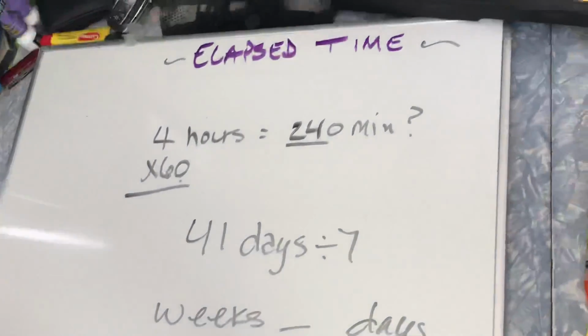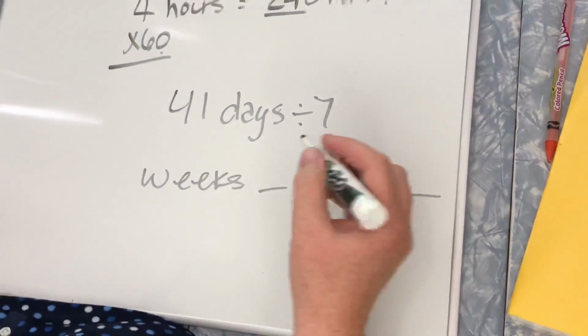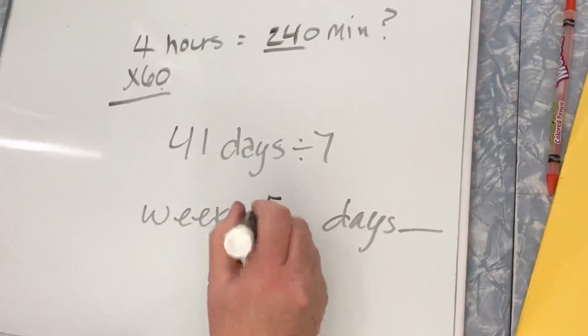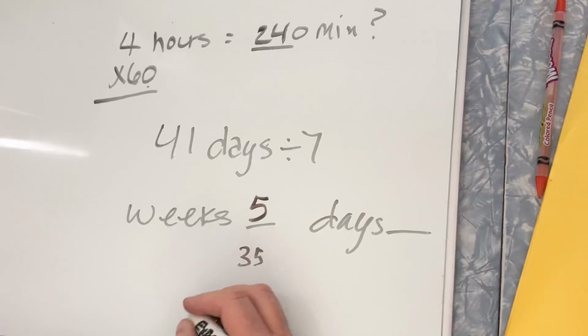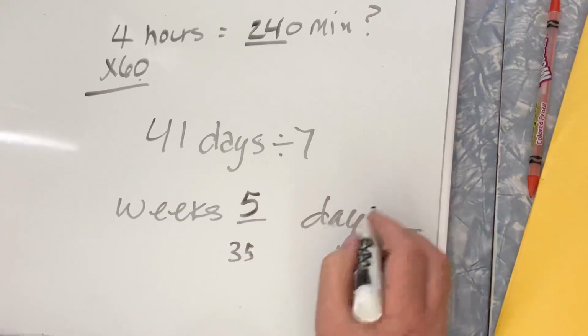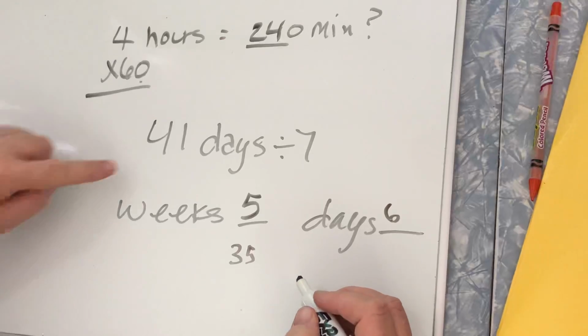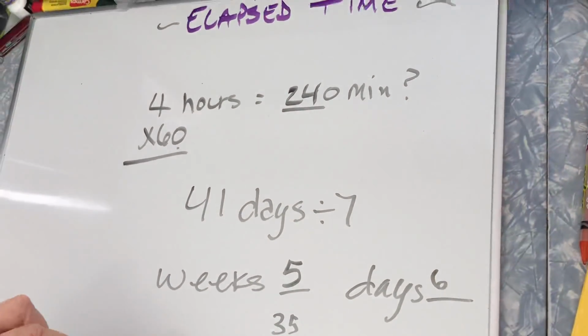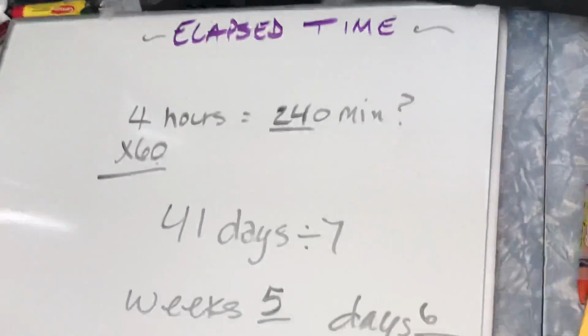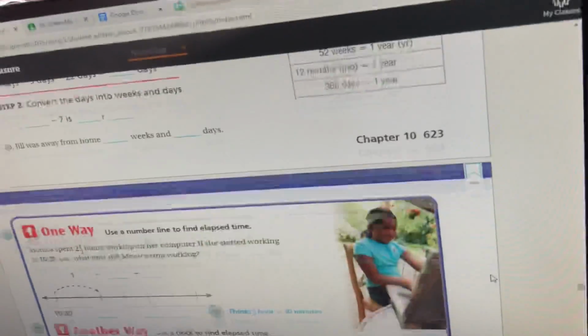I can't do that. 7 times 5 would be 35. So if I say, okay, 5 weeks, which is the same as 35 days, but then how many days were still left? 6. 41 take away 35 gives me this 6 left over. Play with it for a minute and see which style of thinking works for you.